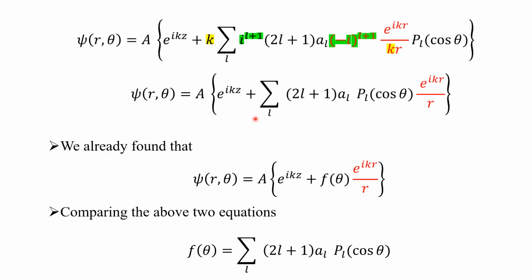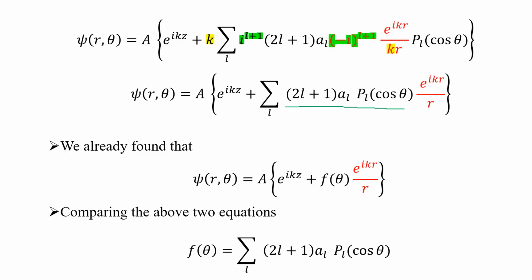If we compare these two equations, e^(ikr) I have shown in the red color band, so the remaining term will be f(θ). So f(θ) is nothing but this term, (2L+1) A_L P_L(cos θ).